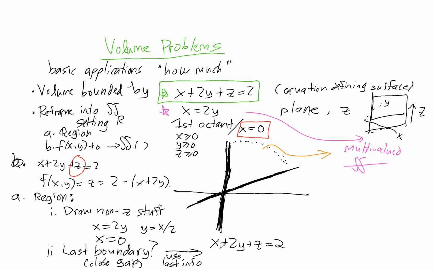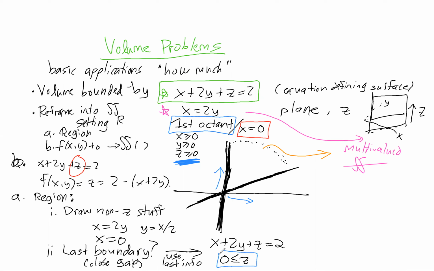And I think we actually need that first octant information also. If we use the first octant, then x is greater than 0, which is okay, our boundaries certainly encapsulate x greater than 0 and y greater than 0. But the missing portion is z greater than or equal to 0. So again, let's solve for z and plug that in.